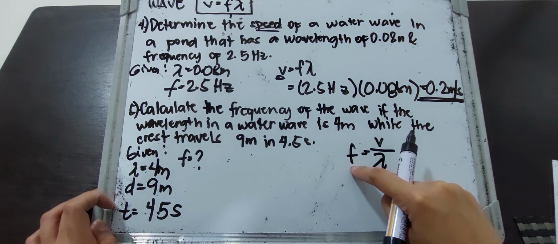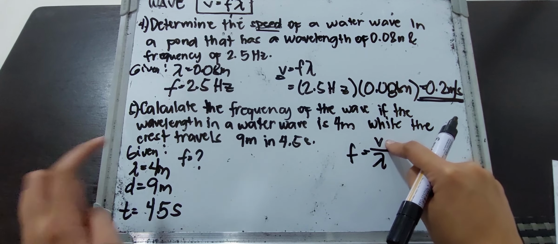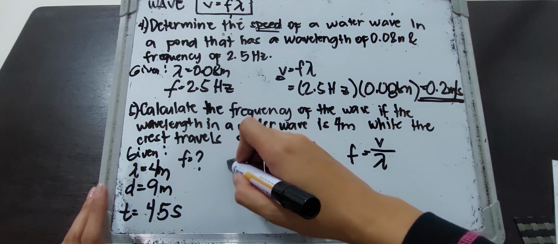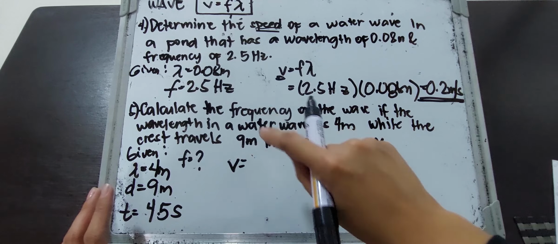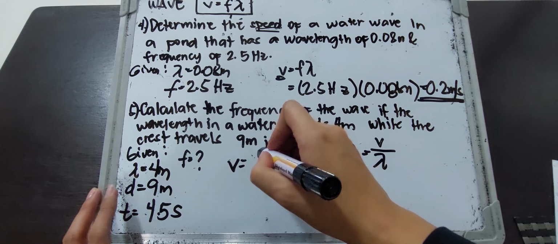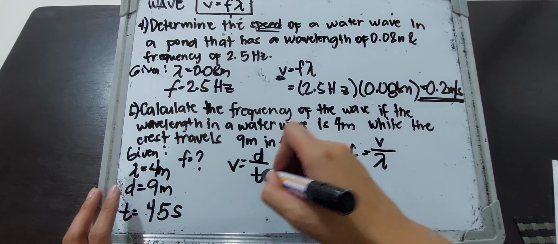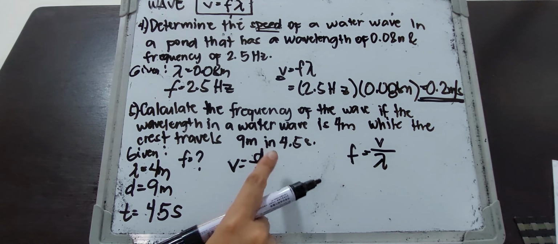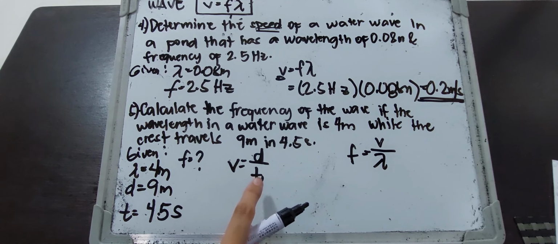So, paano ba natin makukuha yung speed using this formula? So, from our linear motion, we can calculate the speed by dividing the distance by time. Speed is equal to distance divided by time.